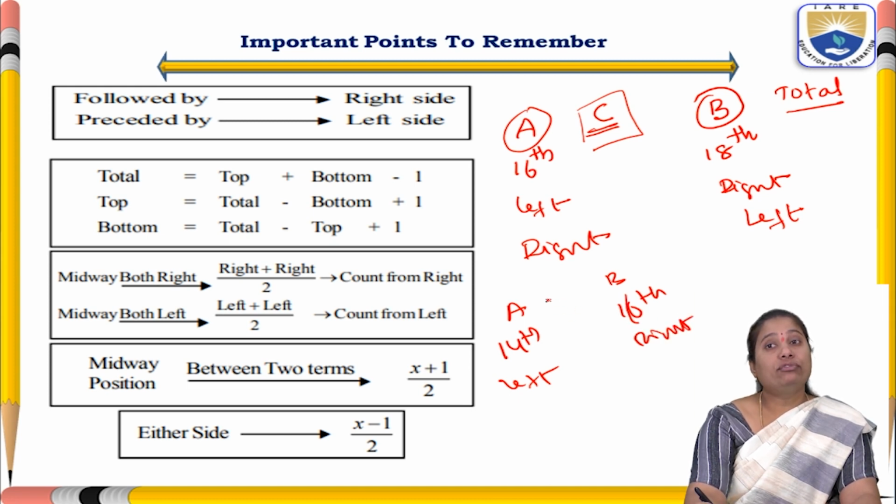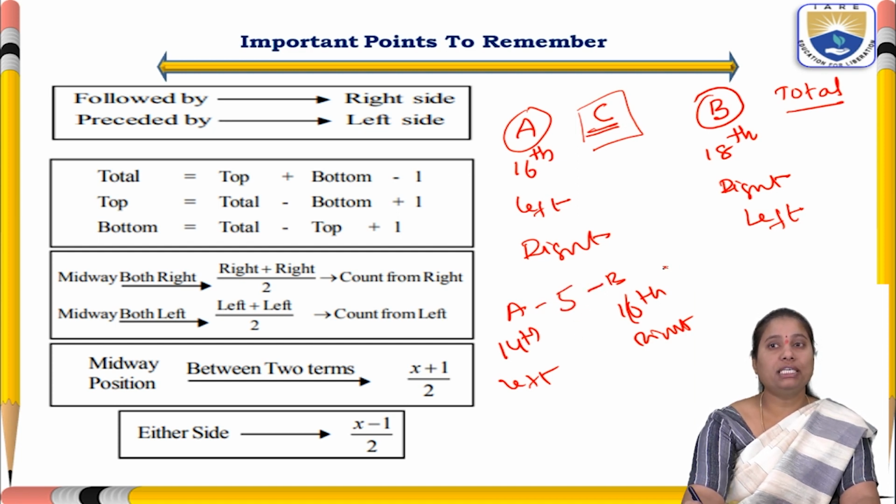But if we know that in between them 5 people are there, now it is very easy for us to calculate the total strength.